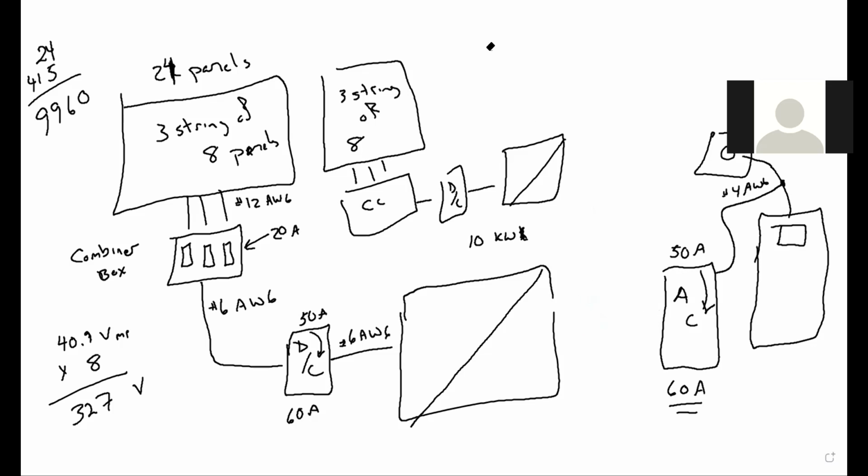At this stage, we're going to feed those in to a junction box. This is going to be number 6. And then from this junction box, we're making a parallel connection.